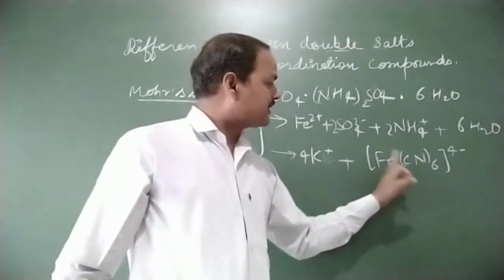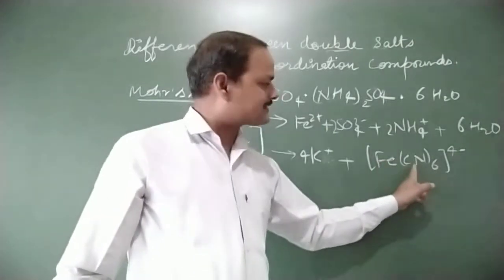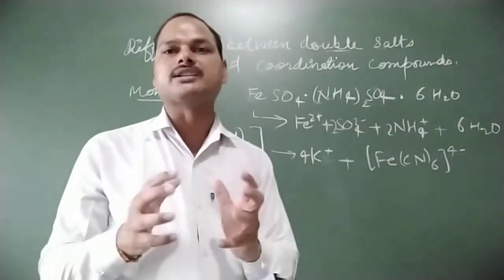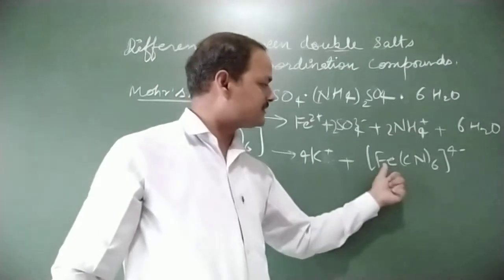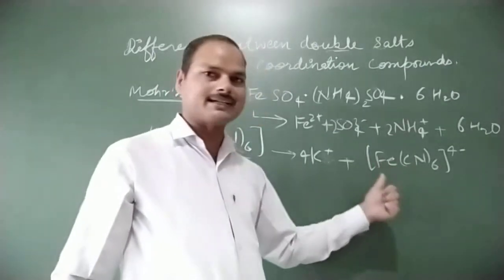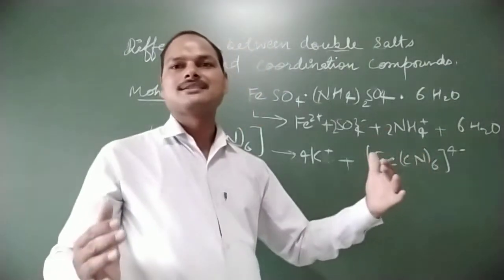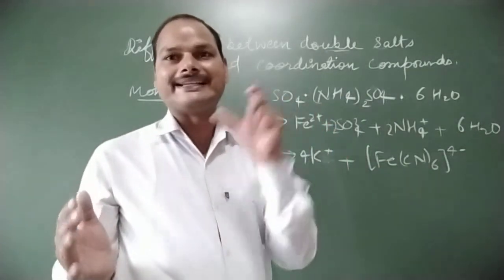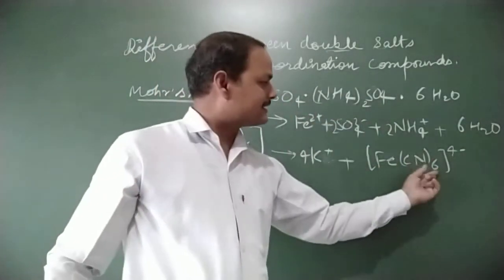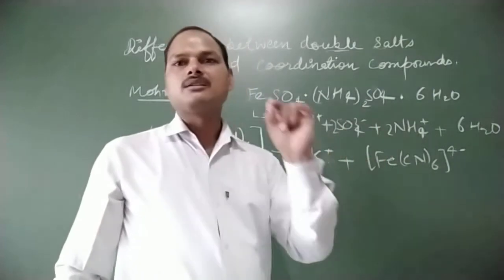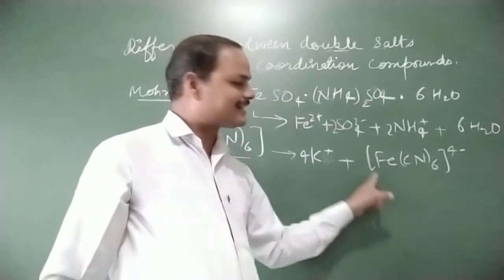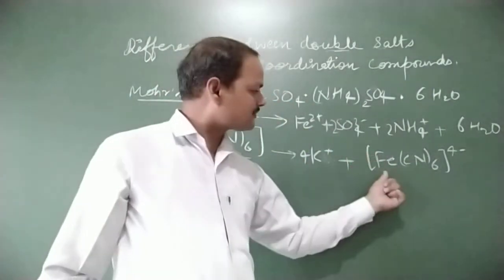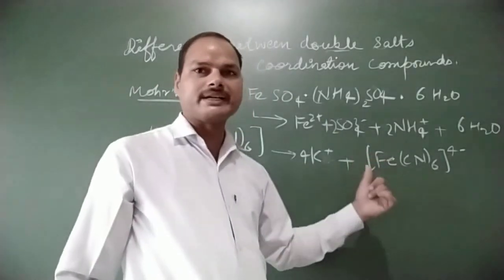Here, between the ferrous ion and cyanide ion, there is a coordination bond. The Fe atom is the central atom and cyanide ions are the ligands, and these ions provide one pair of electrons to the central atom in its vacant d orbital.